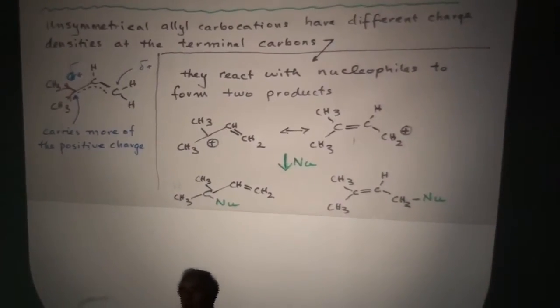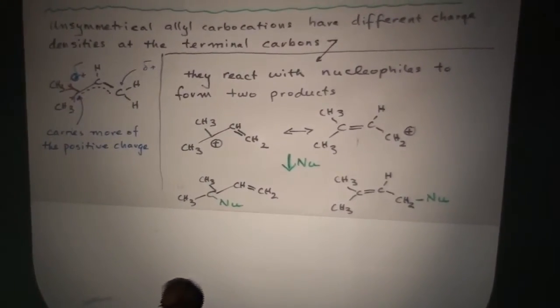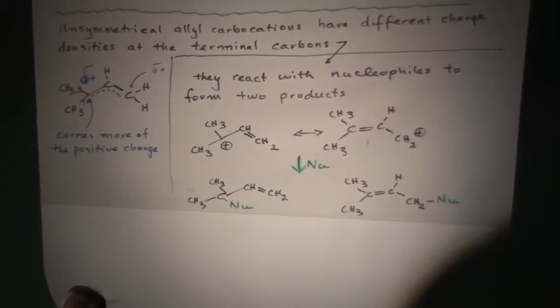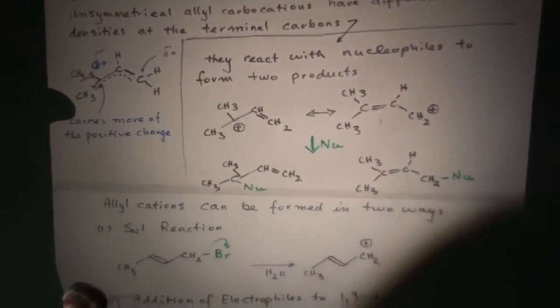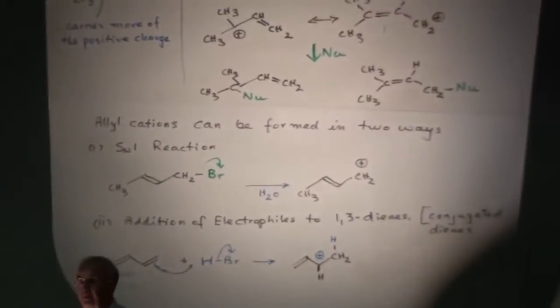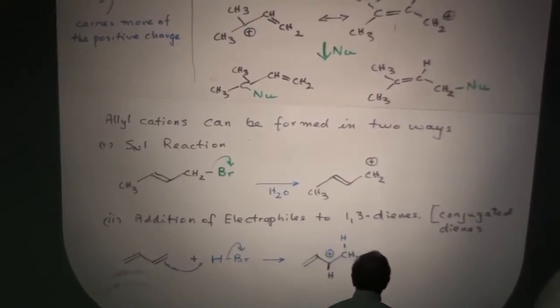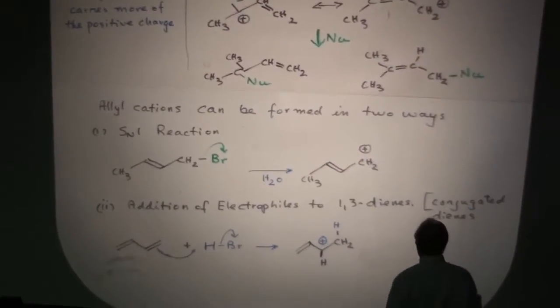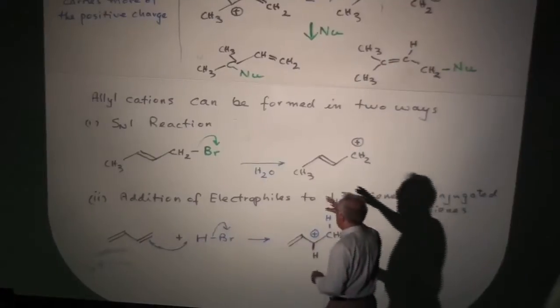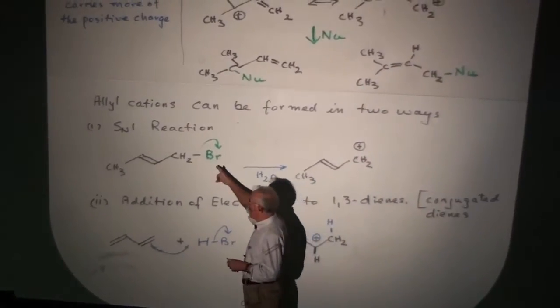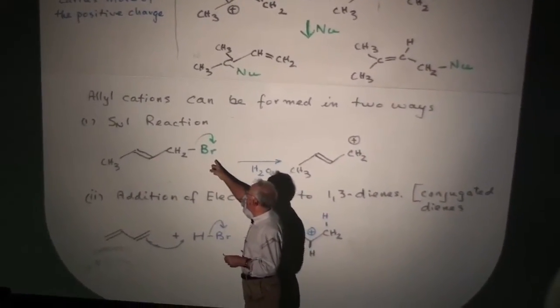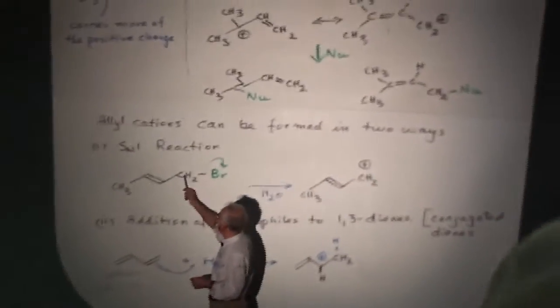The second thing we talked about last time, and it's important to do it again, is to recall or to be aware of the ways you can generate allyl cations. The very first example we had in the last lecture was a system like this, a leaving group on the carbon adjacent to the pi system.